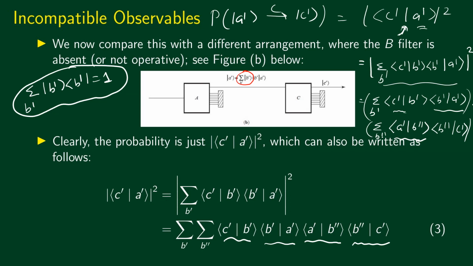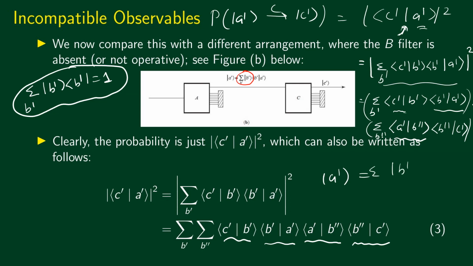So you could imagine a beam starting in the state ket A prime. Okay, you could also imagine it as a combination of so many ket B primes. Right, that's what we have done here. You could either call it ket A prime, but ket A prime quantum mechanically can be considered as a linear combination of so many ket B primes.